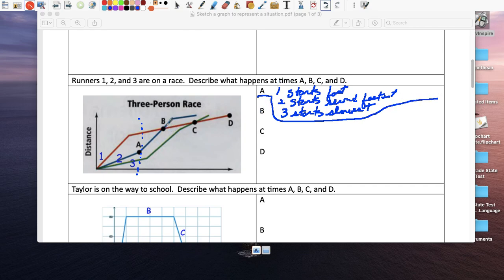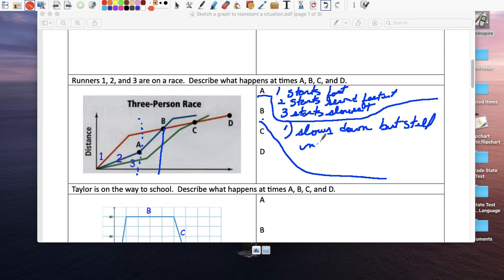And then by section B, runner 1, he slows down, right? Still increasing in speed, but slows down a little bit, but still increasing in speed. What happened to runner 2? Runner 2 definitely picked up the pace, right?